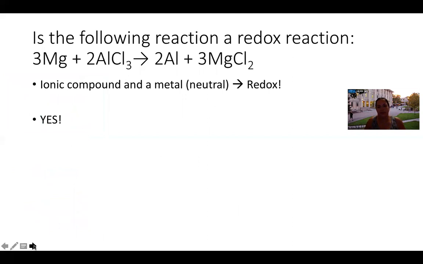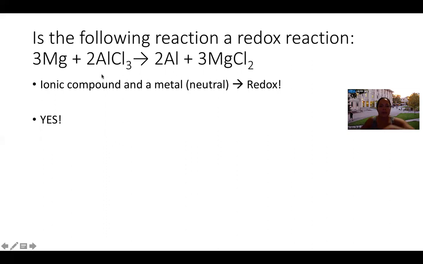So again, we came to this question of, well, how do we even know if it is a redox reaction? You've got to look at it and try to determine, is there a transfer of electrons here? I said normally, if there's an ionic compound, meaning a metal and a non-metal, like right here with this aluminum chloride, aluminum's a metal, chloride's a non-metal, and it's reacting with another metal that's neutral, this is usually a redox.